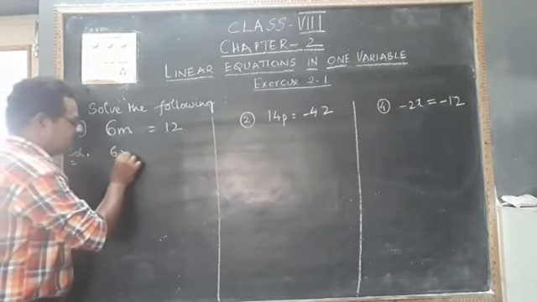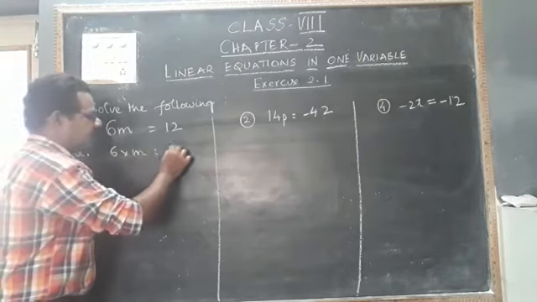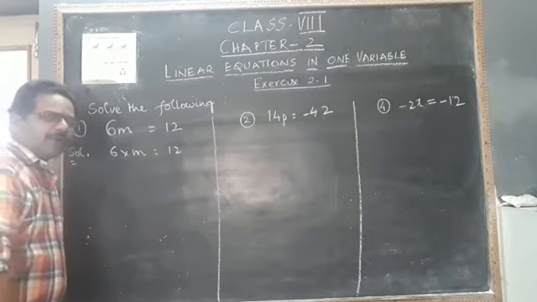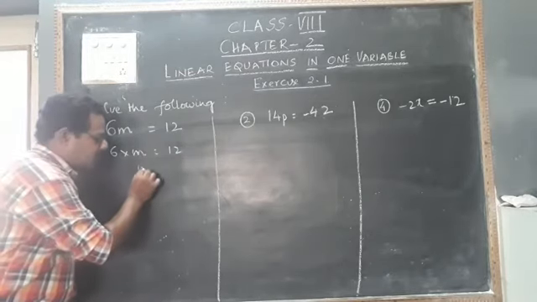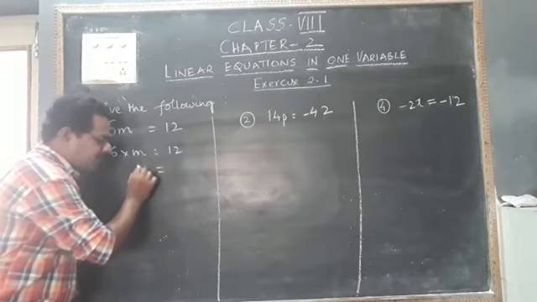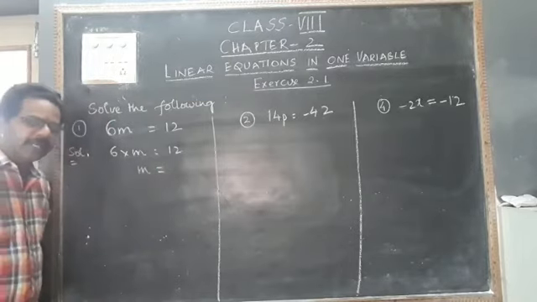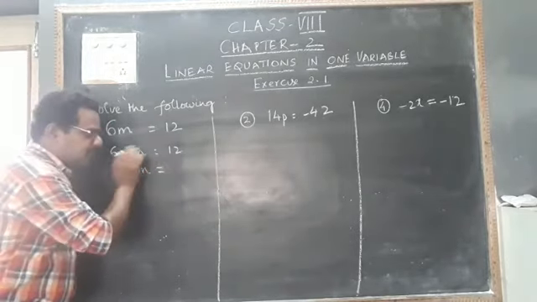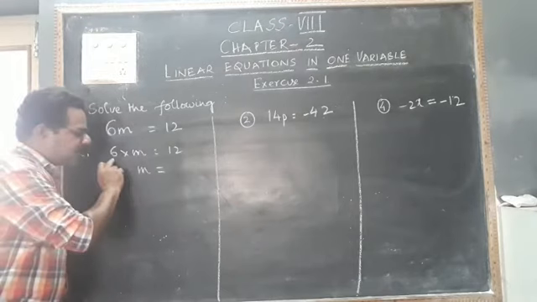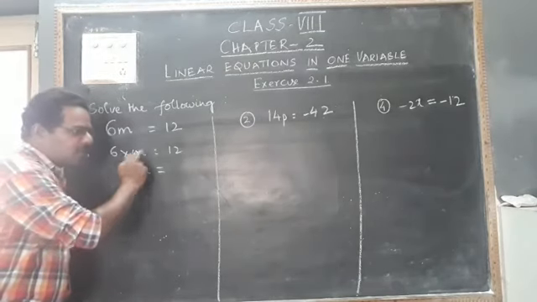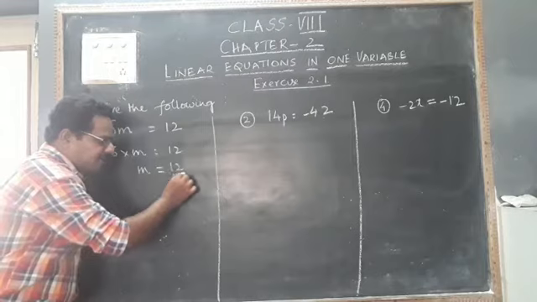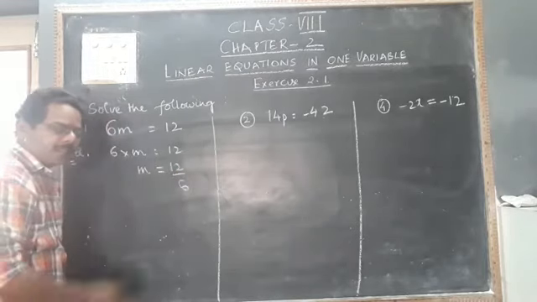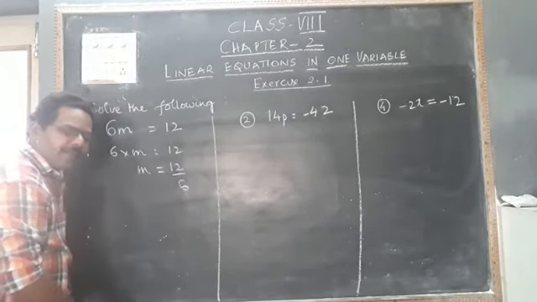Coming to the solution, 6 into m is equal to 12. Now we have to find the m value. To find the m value, m only we have to keep on the left hand side. We have to take this 6 to the right hand side. 6 is multiplied here. If it goes to that side, it will divide 12 by 6. Into will become divided by.